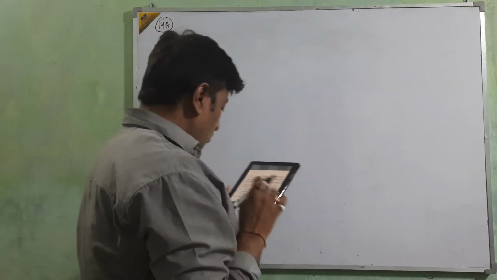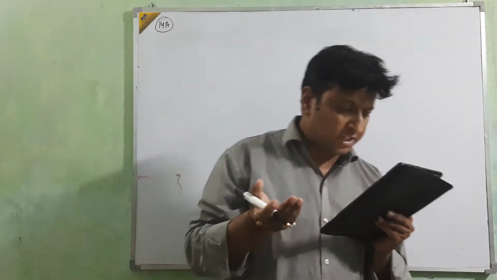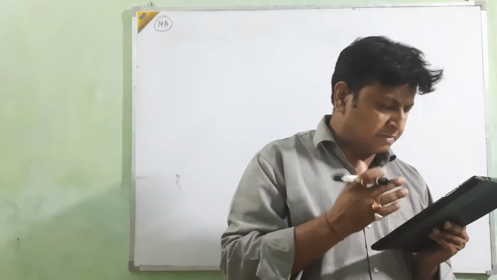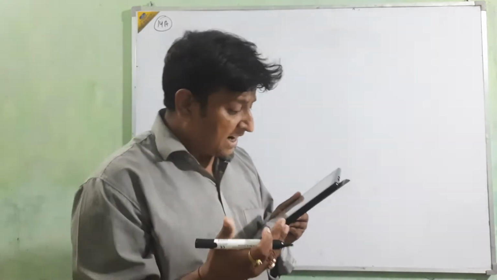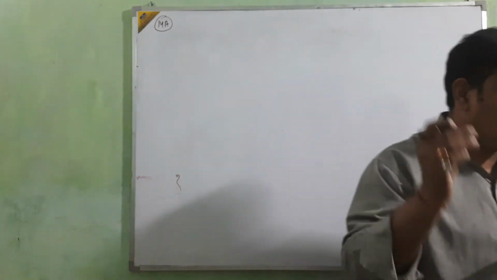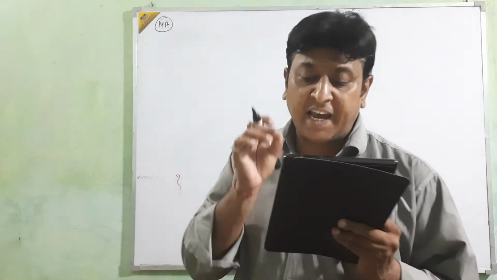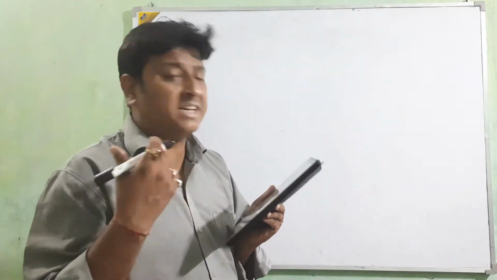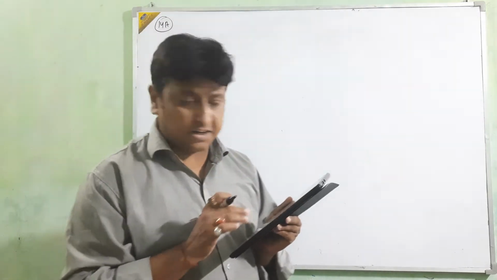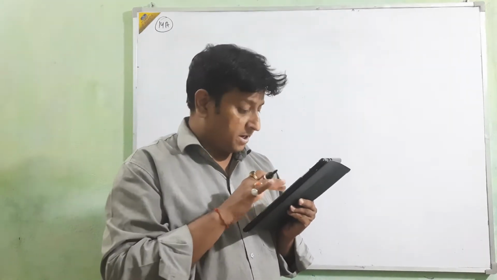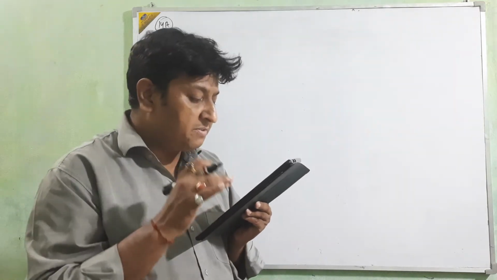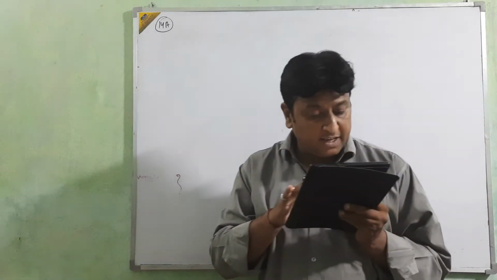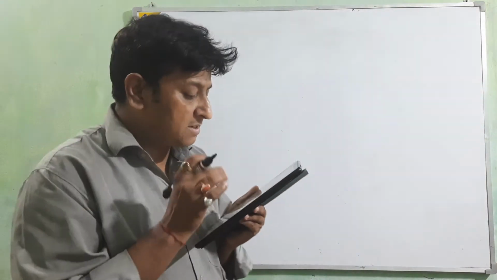Okay. Now see the question. From the following information, calculate the amount of subscription which will be shown in the income and expenditure account. Subscription in arrears on 31st March 18 is 12,500. Then subscription received in advance on 31st March 18 for the year ended on 31st March 19 is 9,000.